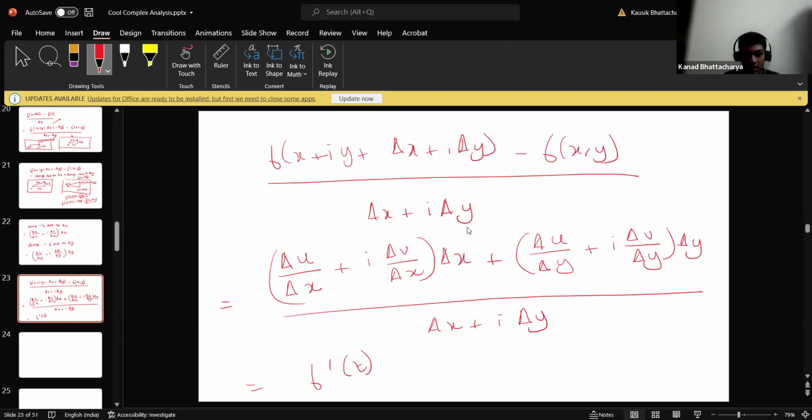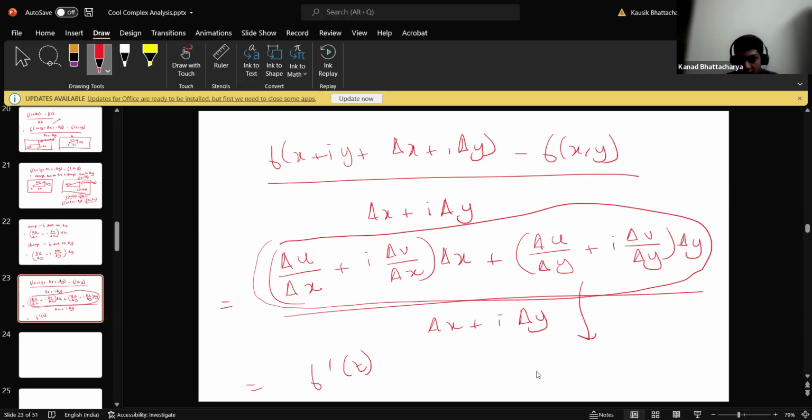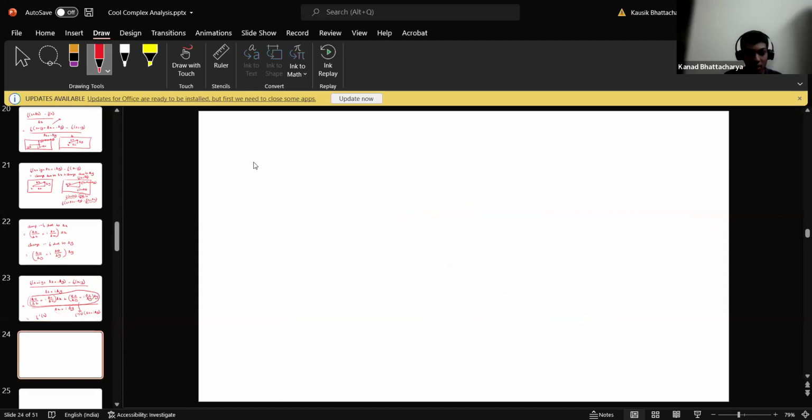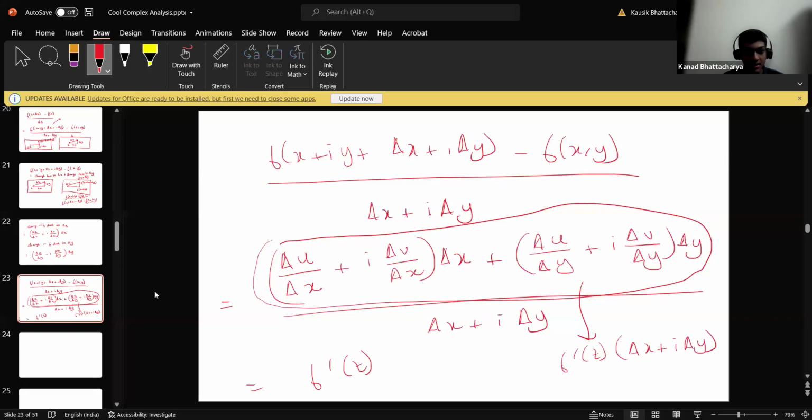We want to be able to express the numerator here as some complex number f dash z times delta x plus i delta y, so that when we expand it out, it cancels out with the denominator.